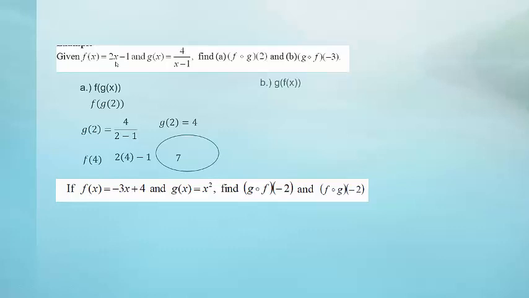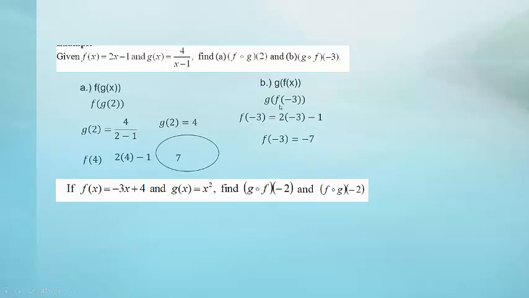We'll do it again, but this time we'll find g of f of negative 3. So to begin this process, I want to do f of negative 3, which will entail substituting negative 3 in for x into the f formula. 2 times negative 3 minus 1 is negative 7.